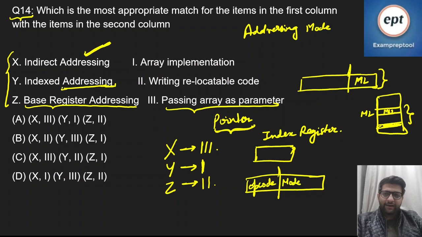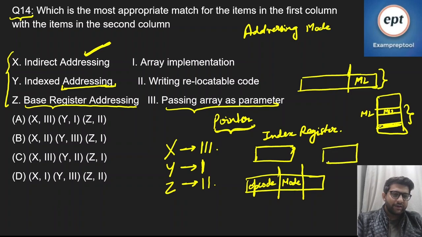In index addressing, we can have two different types of index addressing. We can have one with the base address in the instruction, or we can have a separate base register, right?